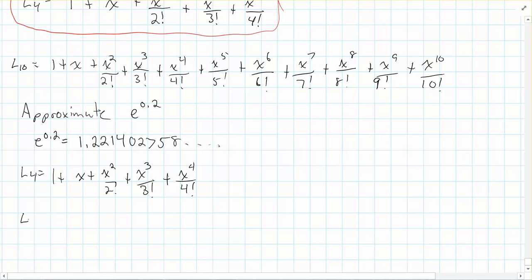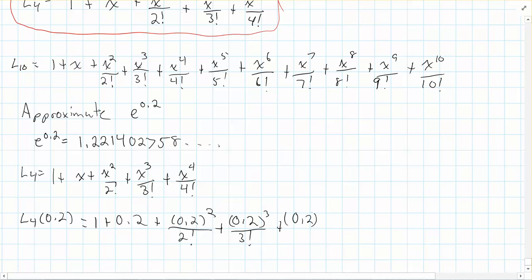So L4 at 0.2 would be 1 plus 0.2 plus 0.2 squared over 2 factorial plus 0.2 cubed over 3 factorial plus 0.2 to the 4th over 4 factorial. Now this is simply just arithmetic at this point, so I'm going to just do the arithmetic real quickly on my calculator.